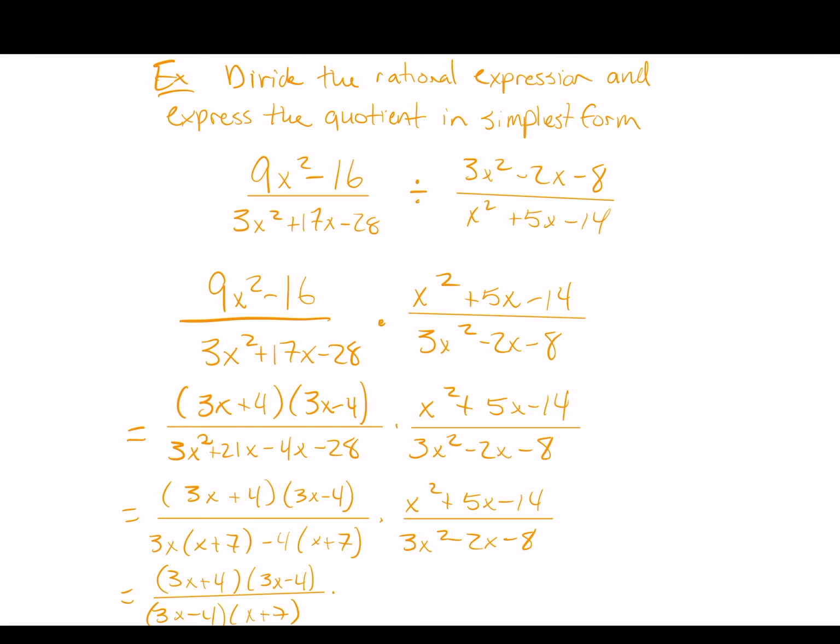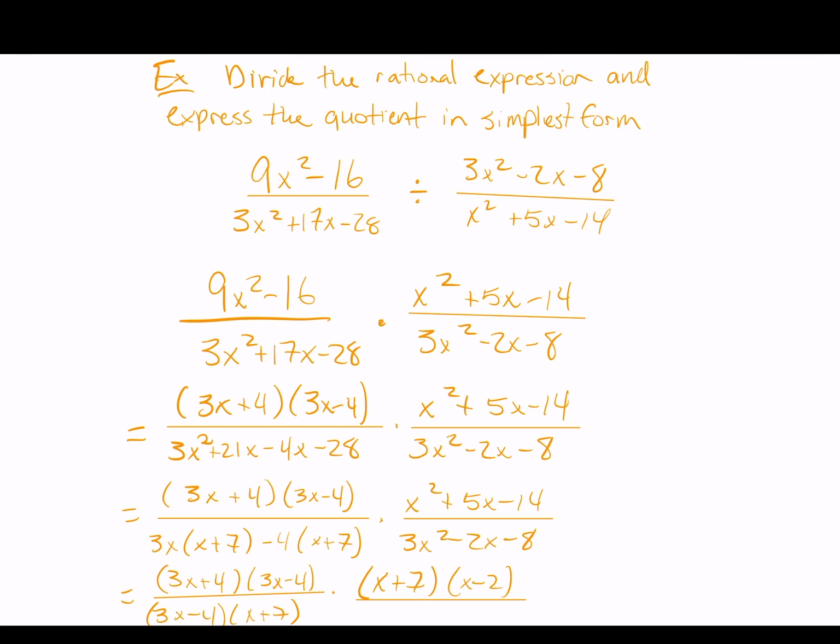And then the second expression, we need the factors of negative 14 that when we add, we get 5. So I think that's 7 and negative 2. So that gives us x plus 7, x minus 2. And in the denominator, we need to look for the factors of 24 that give us a negative 2.